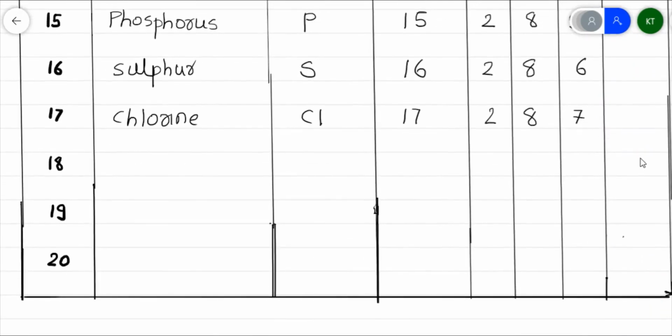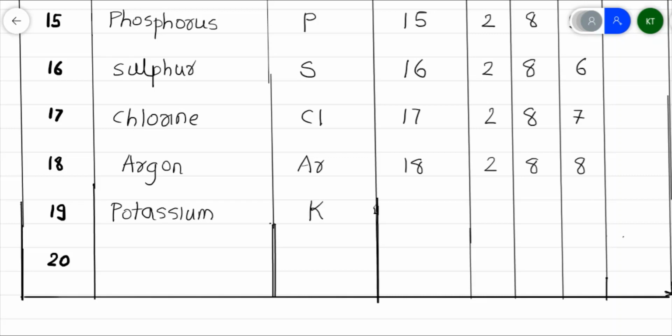Now I am left with 3 elements. I have argon, the inert gas, with Ar as the symbol. Atomic number is 18. So 2, 8, 8. Next I have potassium.